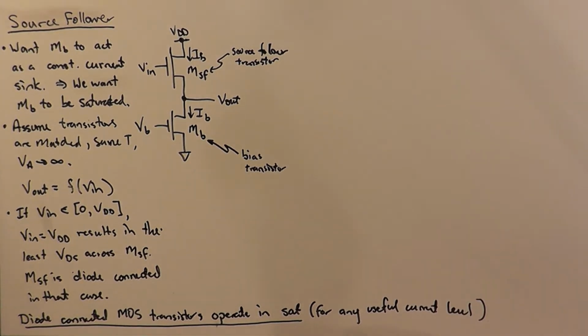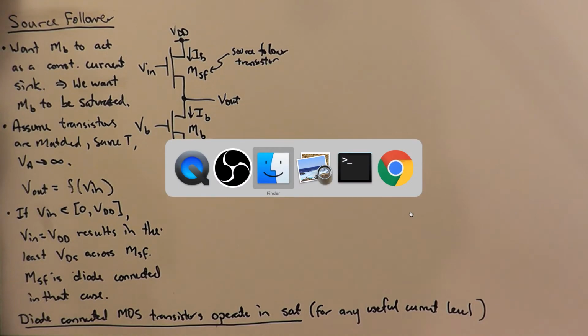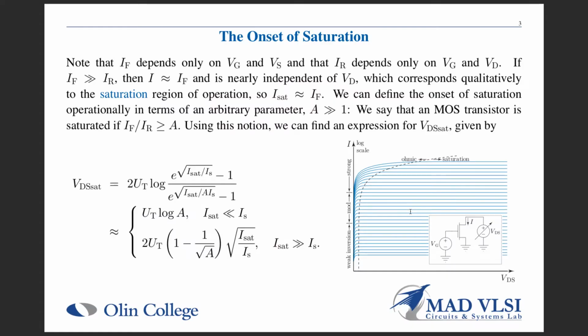And the easiest way for me to show you that is to flip over to here and look at this pair of slides. So this is a figure similar to the ones I've shown you before here, where I've got drain characteristics on a log scale. And this dashed line here is the saturation voltage.